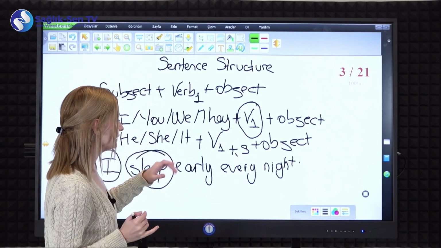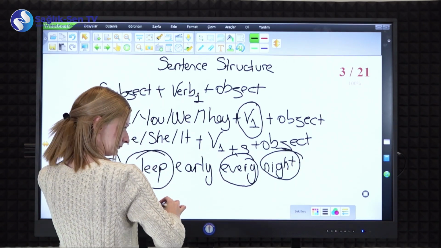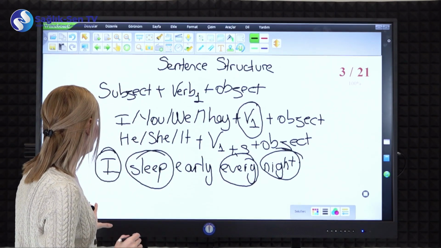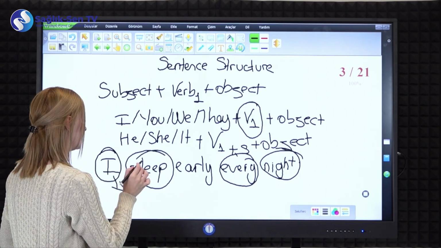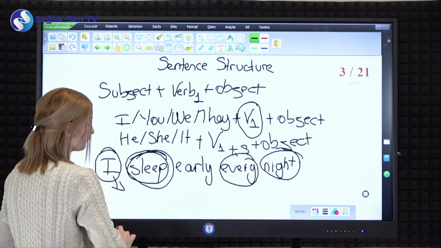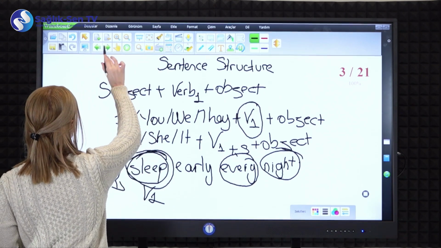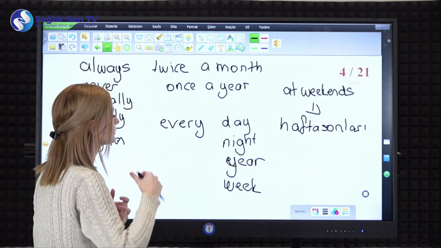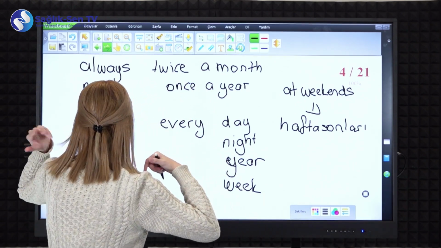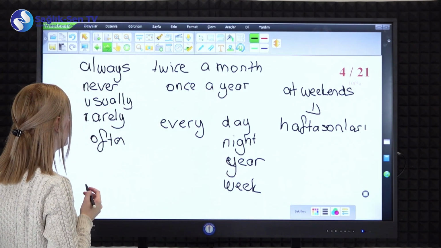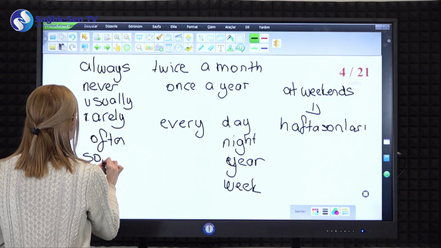I sleep early every night. And my subject is I. That's why this verb is in its own form. Zaman zarflarından bahsettik, zaman belirteçlerimizden. Always, never, usually, rarely, often, sometimes.